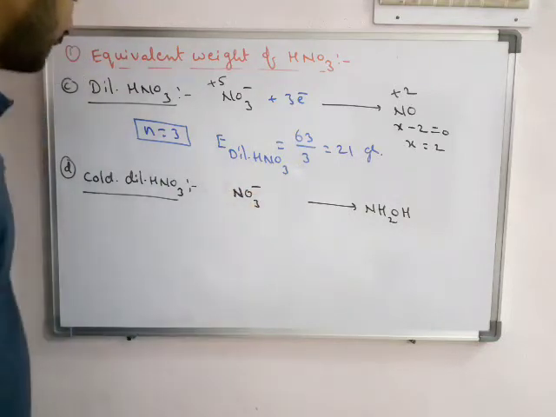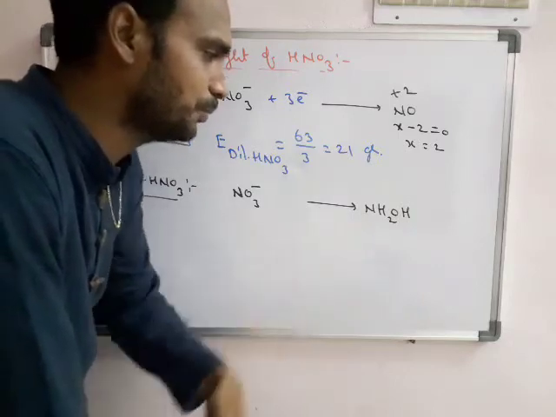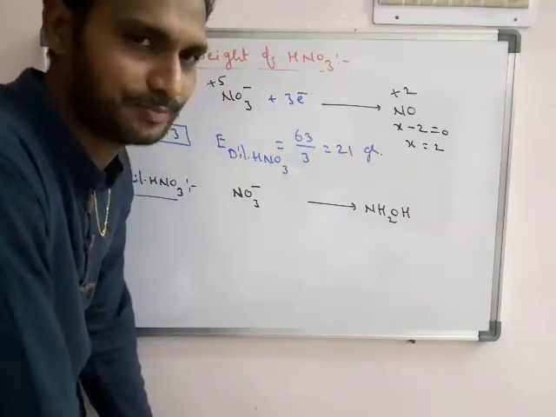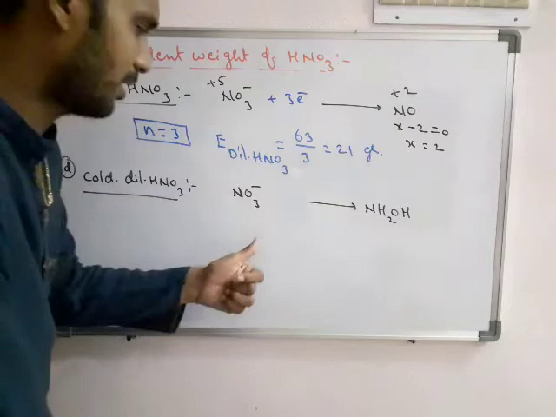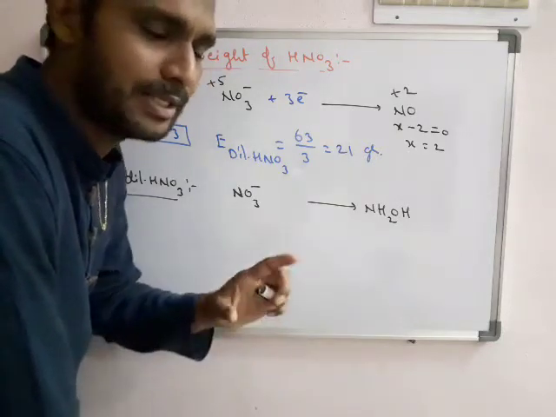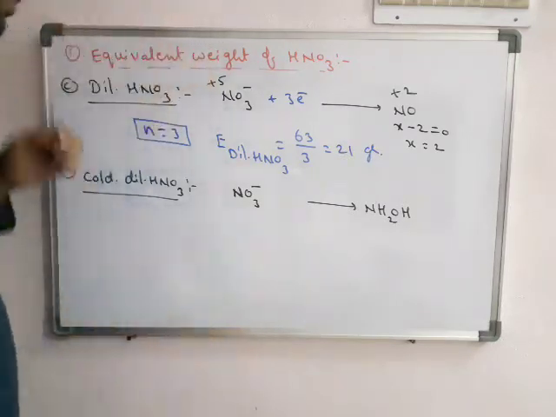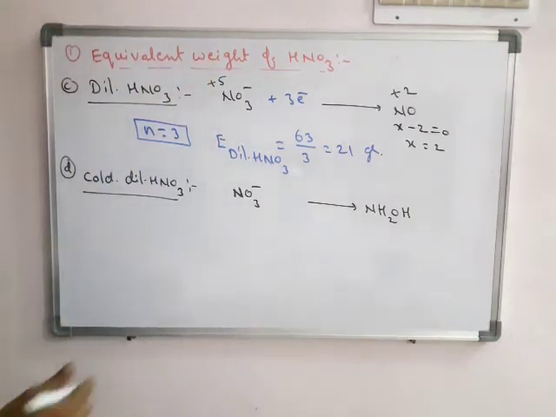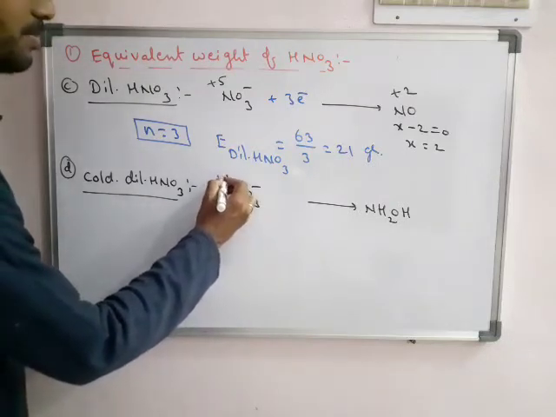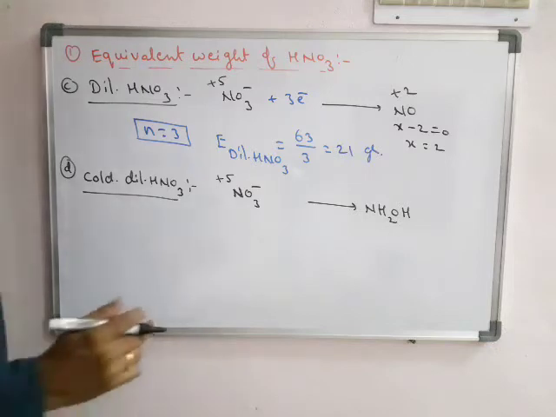So I have to remember, with cold dilute HNO3, the nitrate ion is changed to NH2OH. So it is the removal of oxygens and the addition of hydrogen, a simple reduction. But in the calculation, we need to know the number of electrons gained. We know its oxidation number is plus 5. So what is the oxidation number of nitrogen in this compound?